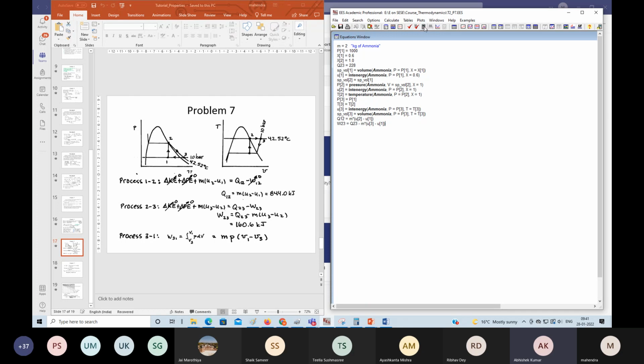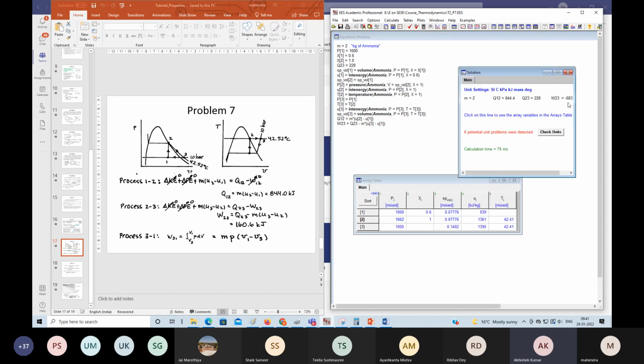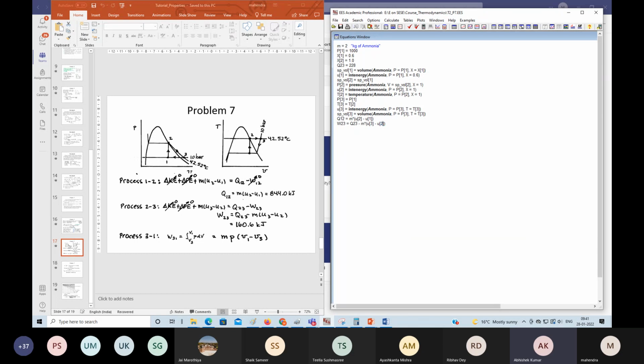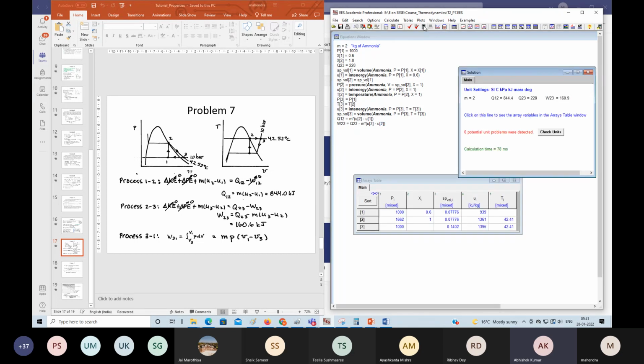Let me run. What is Q23? Why is it giving the negative value? U3 minus, sorry, this is U2, right? Yeah, because this is process 2, 3. Yeah, 160.9. Is it matching? Yeah, it is matching. Yes.